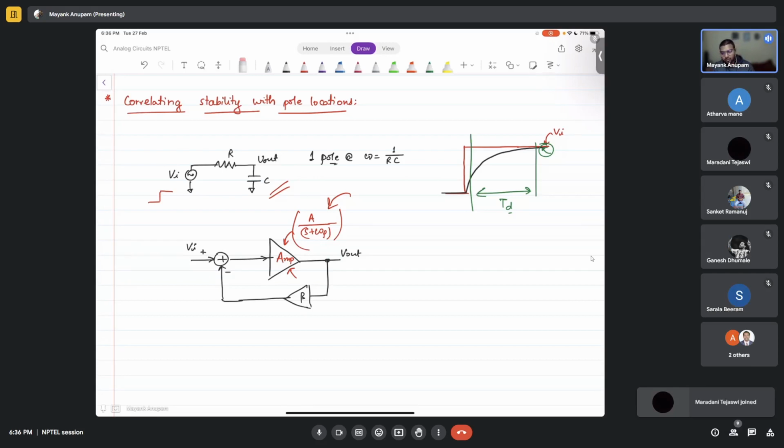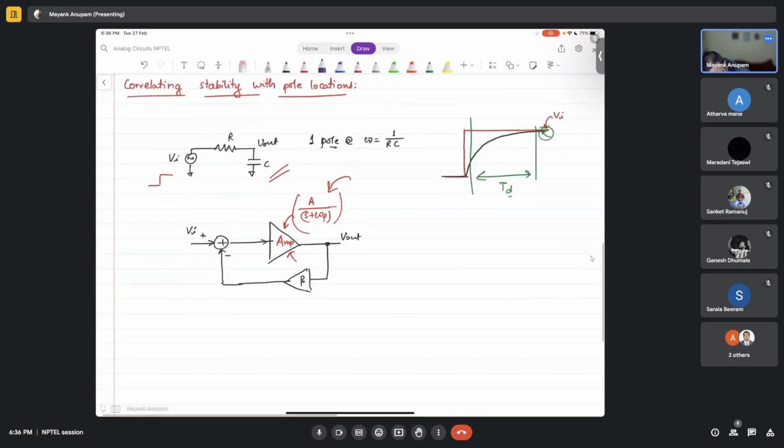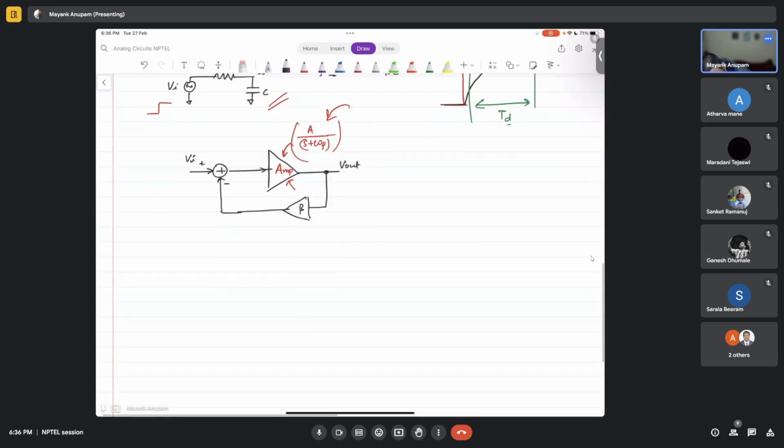What kind of system can it be called if the system never becomes unstable? Yes, someone please. Unconditionally stable. Yes.